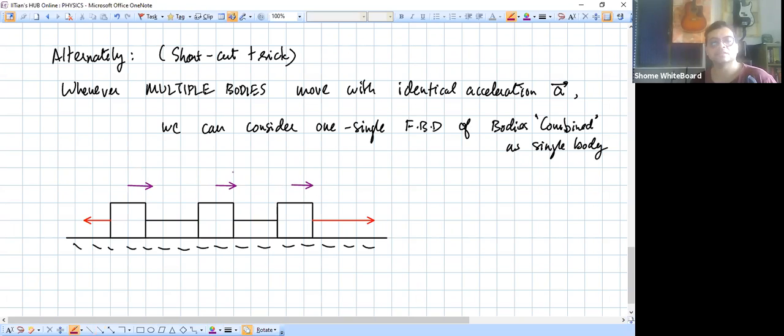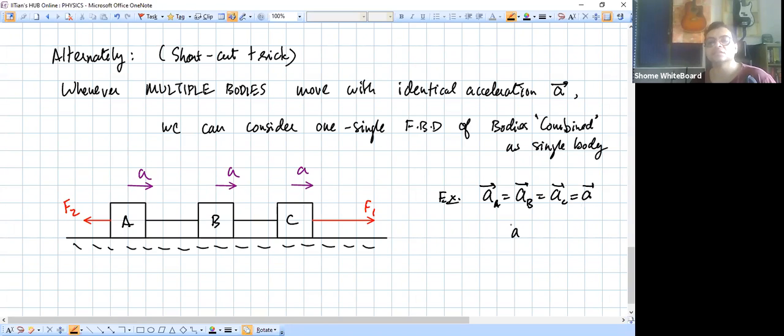So this acceleration and this acceleration, because the strings are inextensible. So the three blocks in this case, A, B, and C, in this example, acceleration of block A as a vector is equal to acceleration of block B as a vector is equal to acceleration of block C as a vector, which is a, suppose.